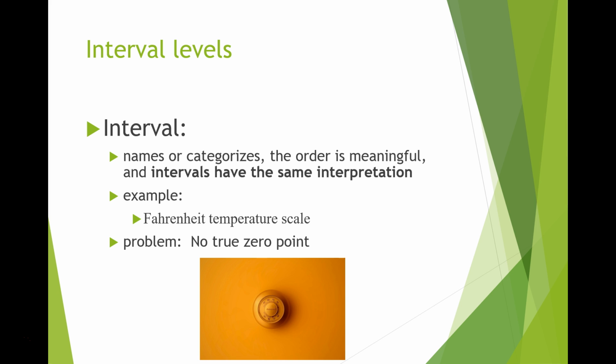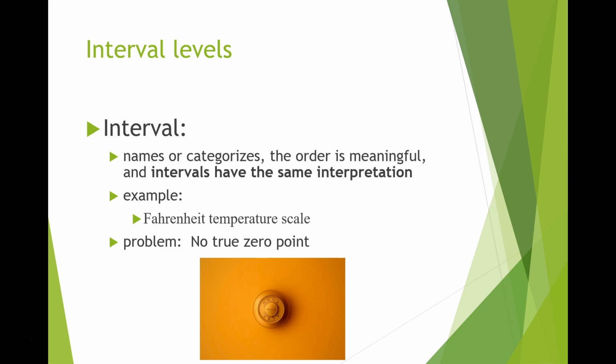For example, there is no sense in which the ratio of 40 to 20 degrees Fahrenheit is the same as the ratio of 100 to 50 degrees. No interesting physical property is preserved across the two ratios. After all, if the 0 label were applied at the temperature that Fahrenheit happens to label as 10 degrees, the two ratios would instead be 30 to 10 and 90 to 40, no longer the same.